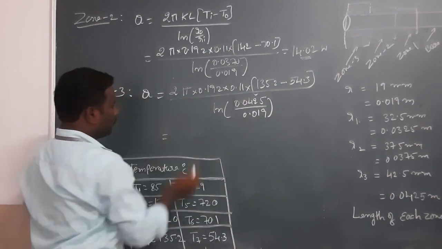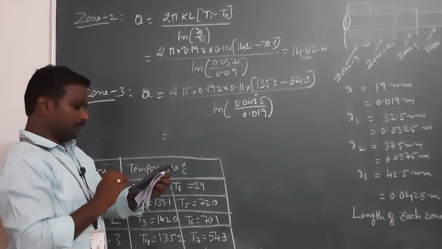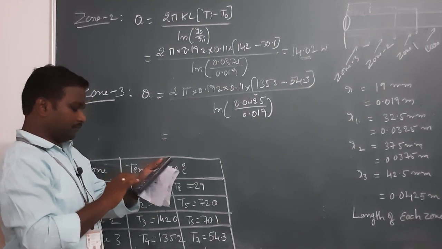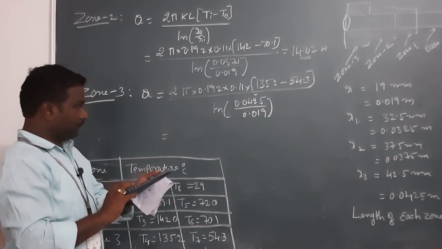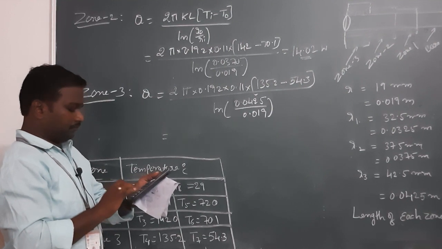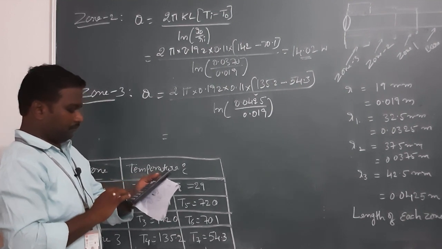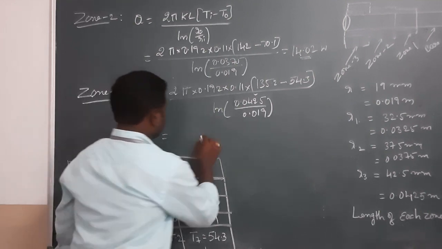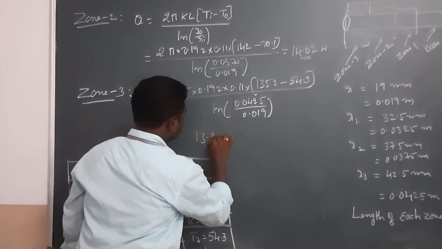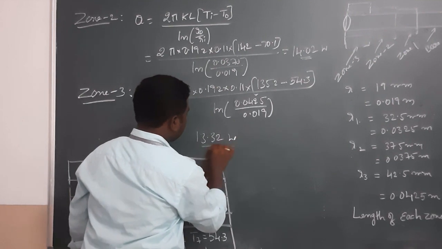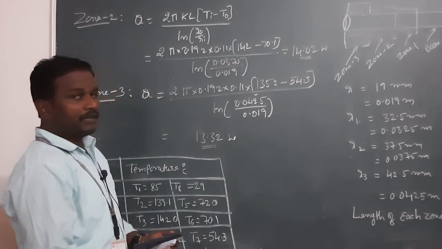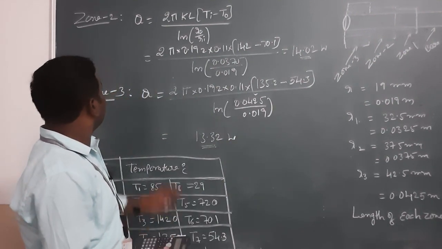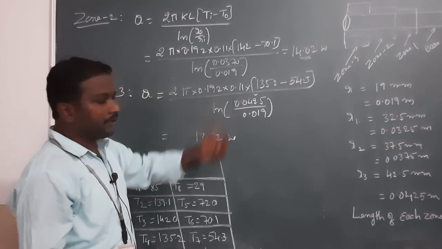Calculate this value: 13.32 watts. These are the rate of heat flow values through zone 1, zone 2, zone 3 and the bare zone.